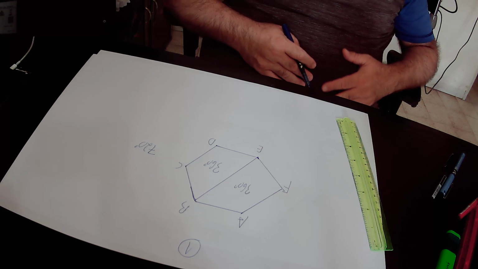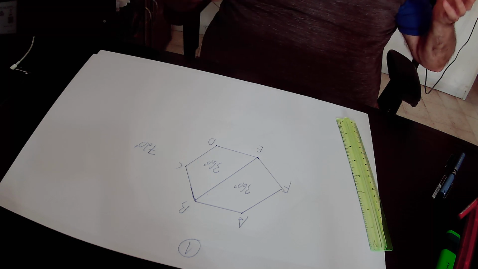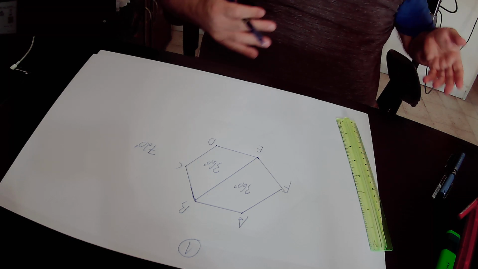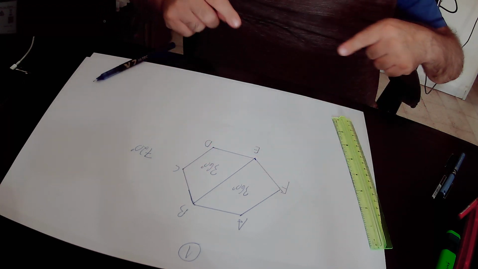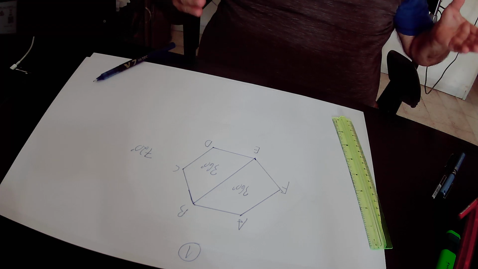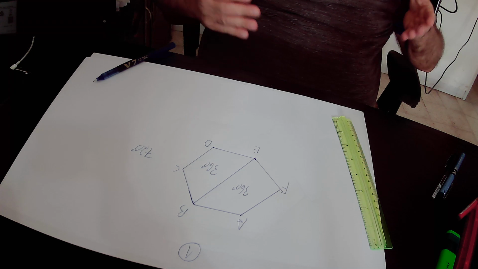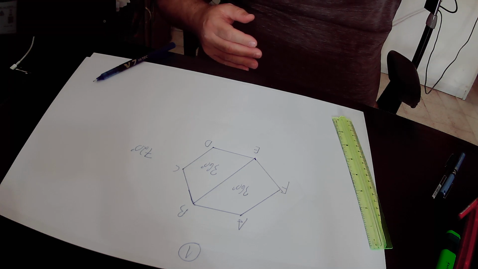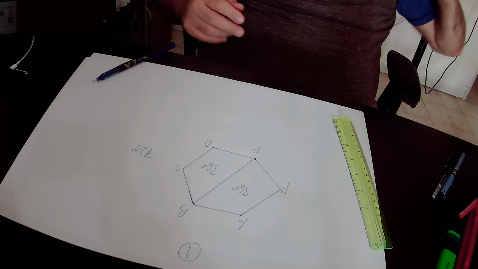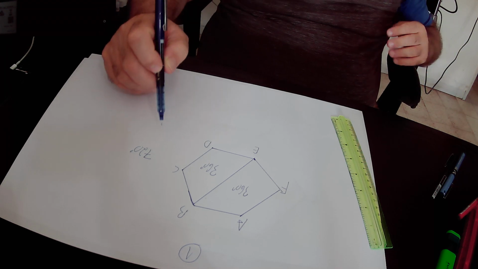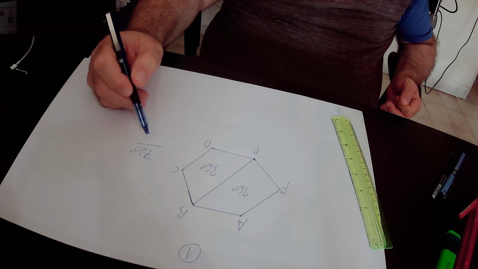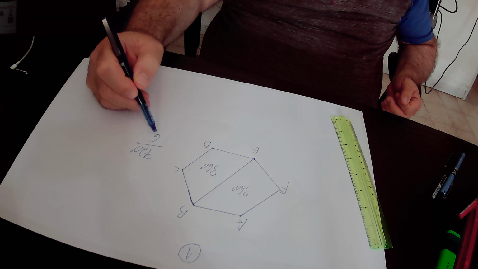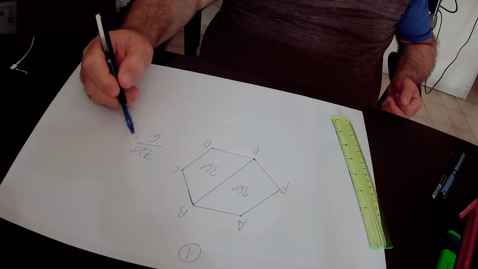Okay? And because any regular hexagon has 6 equal angles, in order to find the size of one angle, we'll divide the total sum of the 6 angles, that is 720 degrees, by the total number of angles, that is 6. 720 degrees over 6 is 120 degrees.